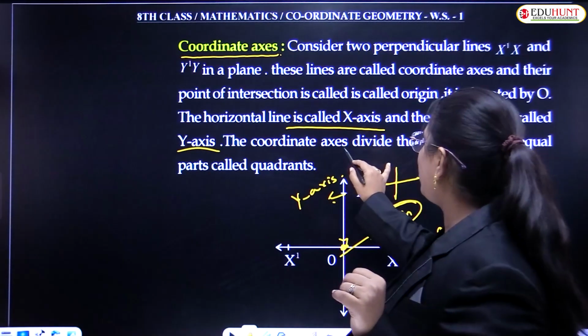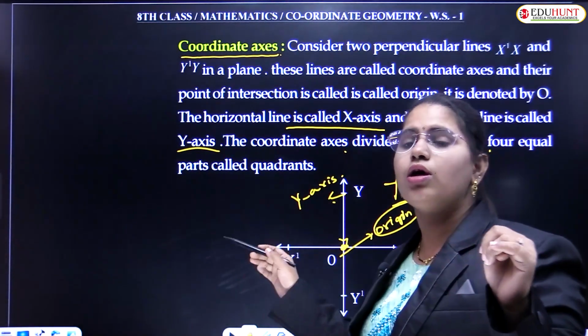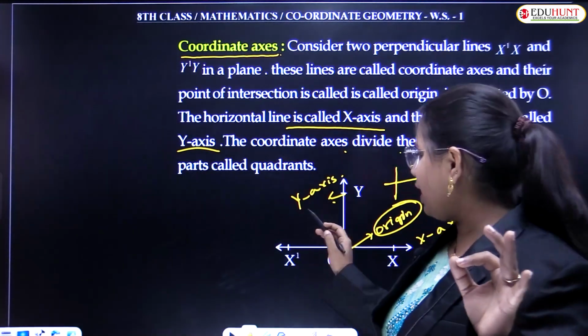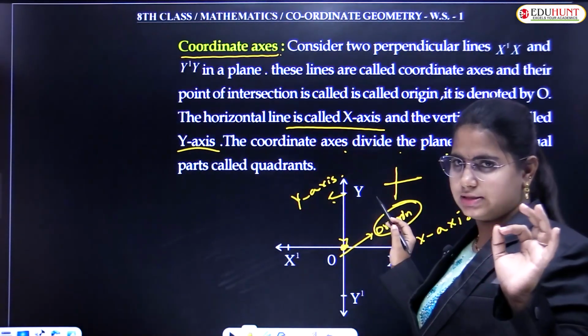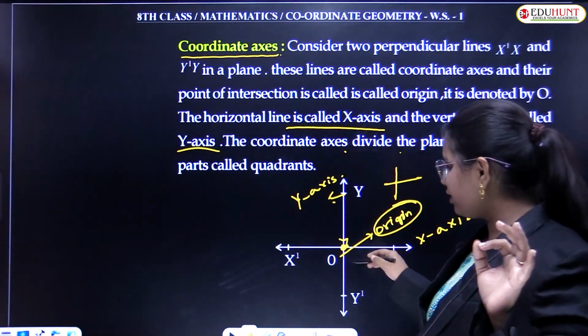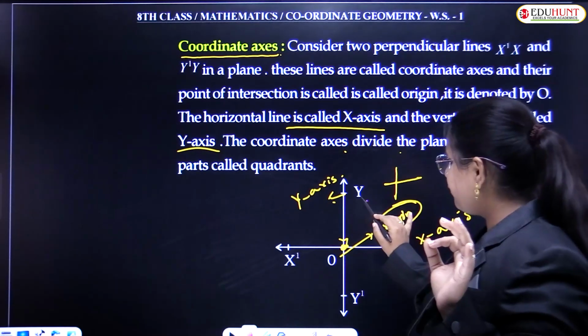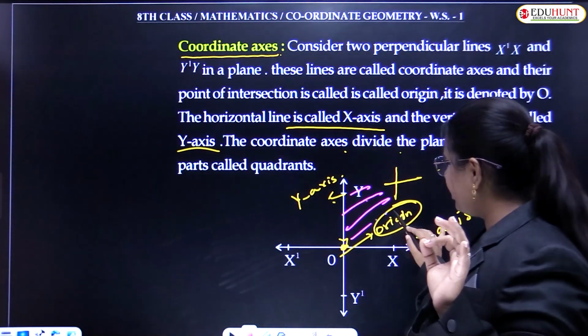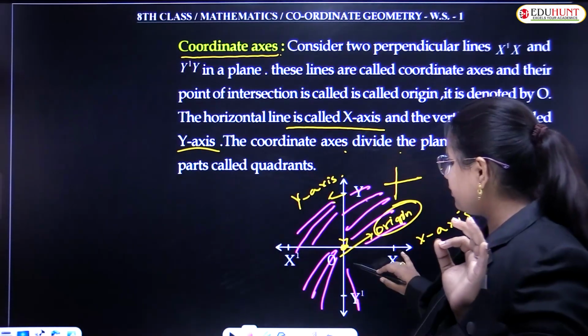Okay, so the coordinate axes divide the plane into four equal parts called quadrants. So after taking the coordinate axes, we have four equal parts here. See, first part, I am just shading here, second part, third part, and this is my fourth part.